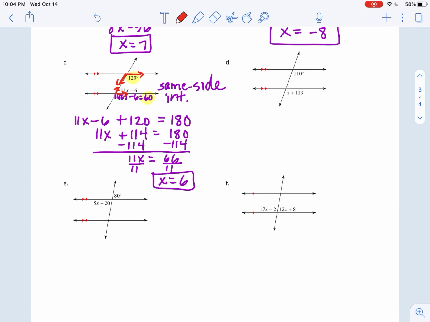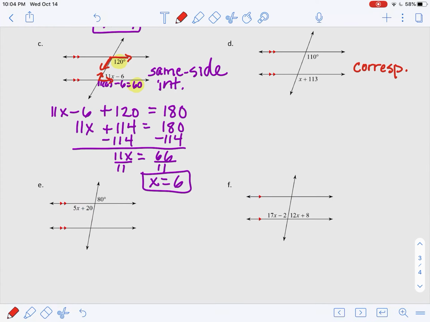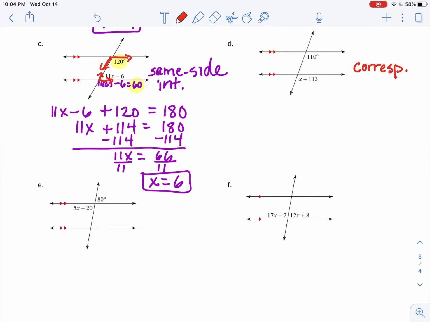All right, in example 2D, however, we're looking at corresponding angles because we have one that's interior and one that's exterior, and then we have them on the same side of the transversal. So again, those are called corresponding. Now these are set equal, and also if you look at them, they almost look like they're equal, right? You're not supposed to do that, and that's not the best way to do a problem, but this angle up here is 110, and this angle down here actually looks like it's about the same, doesn't it?